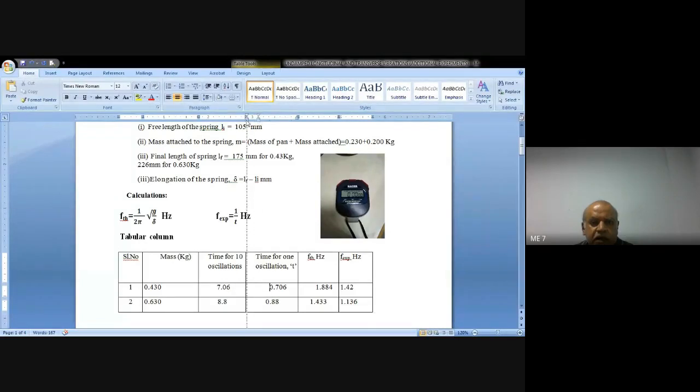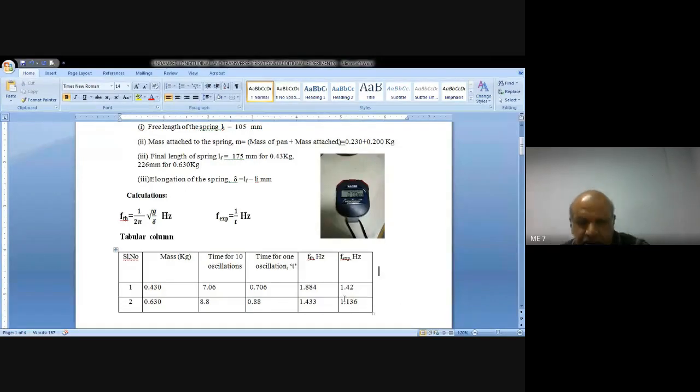Others, please calculate, and let me know whether this answer is correct or not. Are you getting these values?